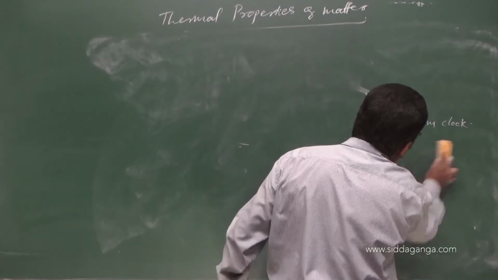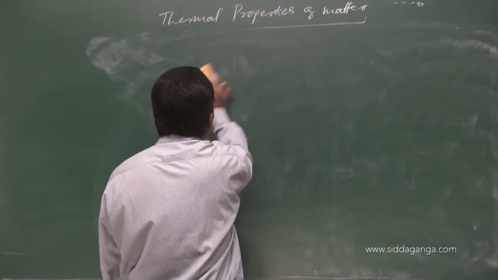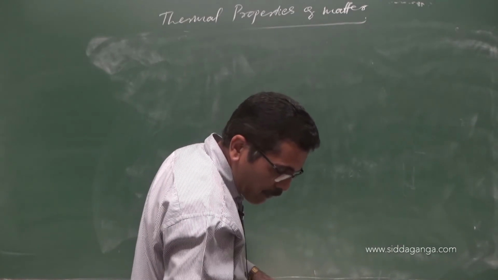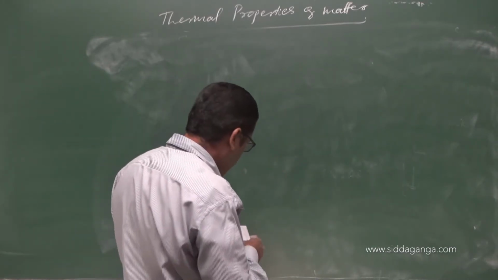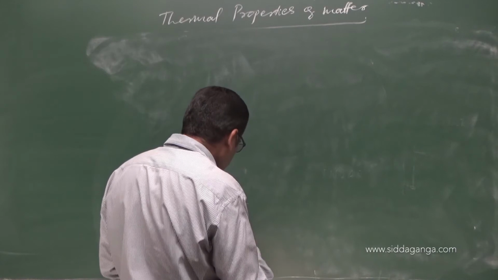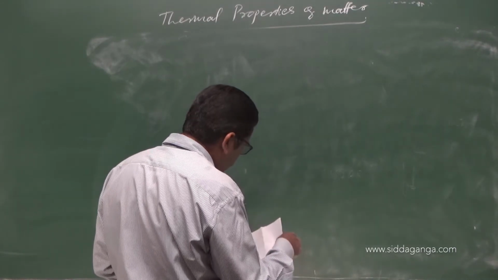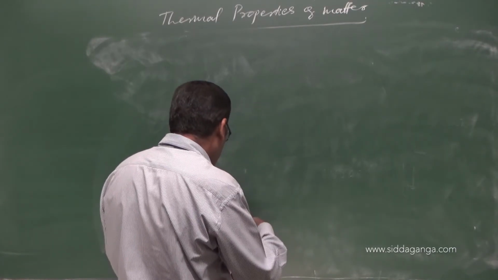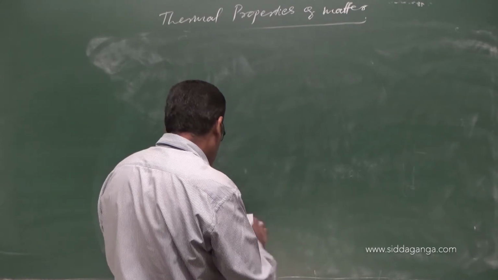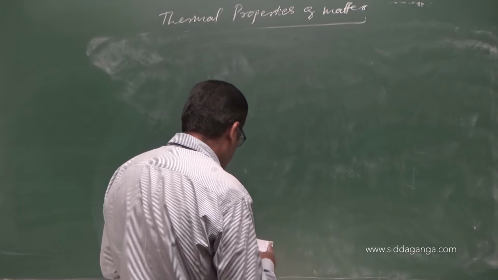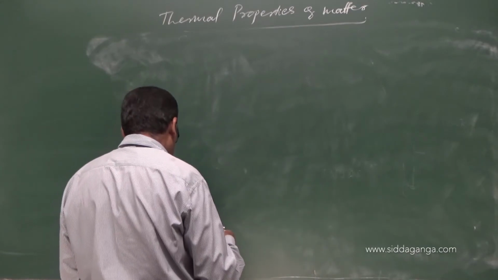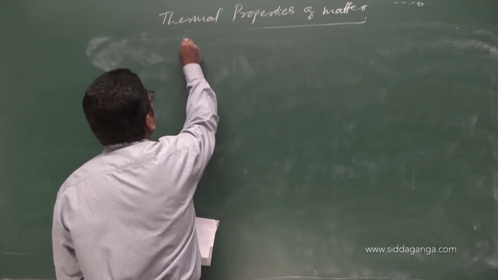So now let us work out one or two problems related to this, and afterwards we shall move on to expansion in case of liquids. We shall take one or two problems related to expansion.